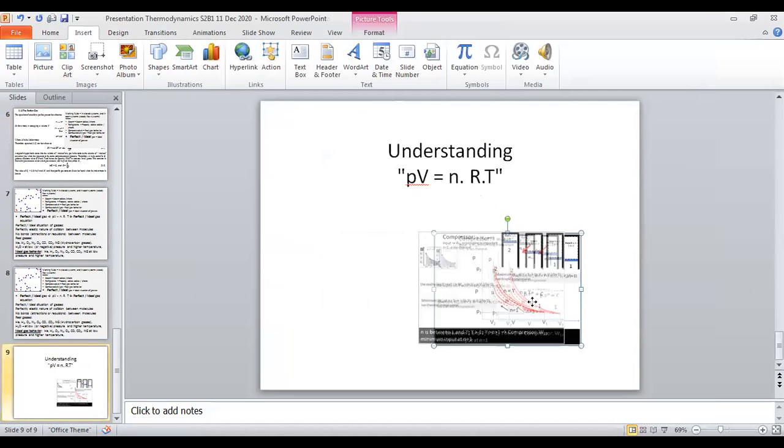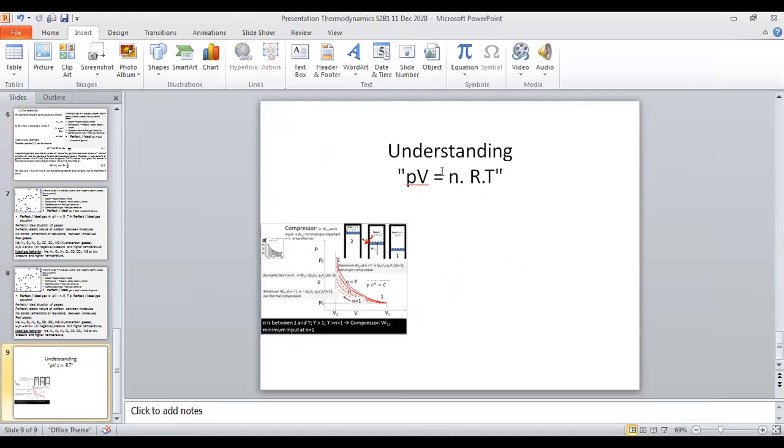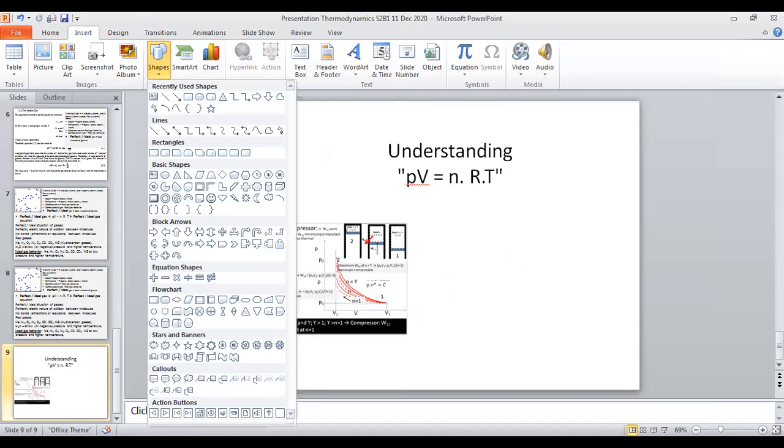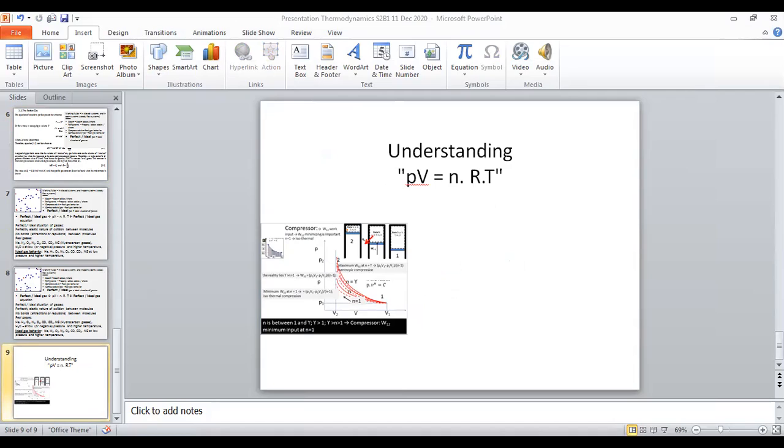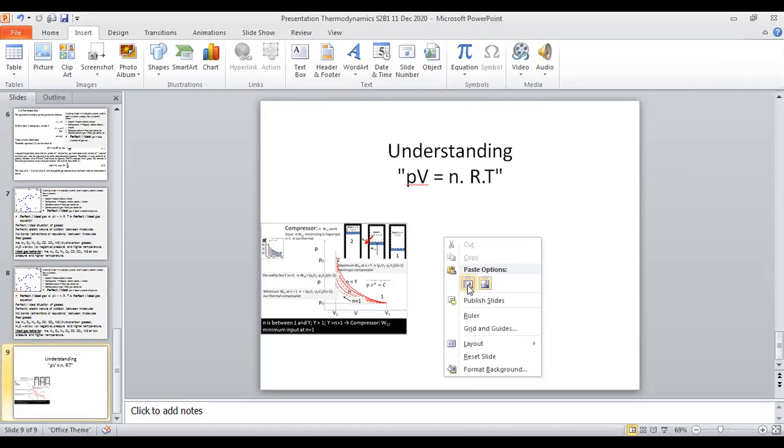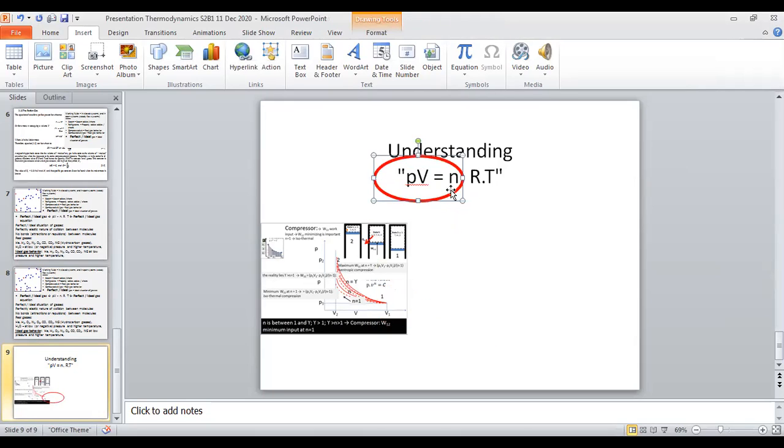You have learned about this, and with your understanding, you can combine that work done knowledge together with the PV equals nRT expression.